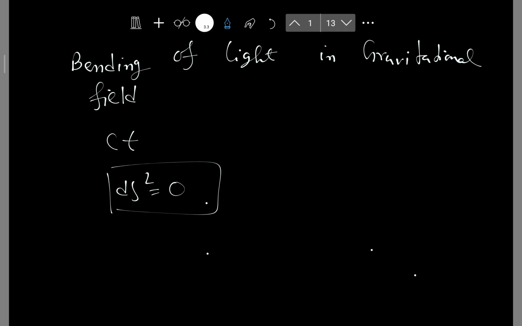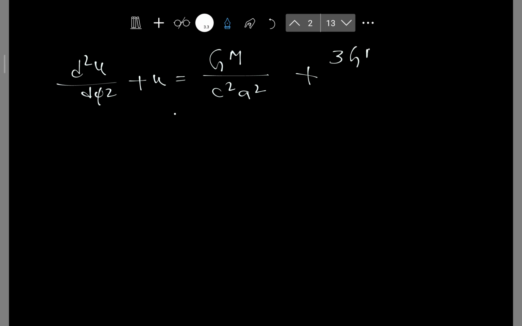So the orbit equation is d square u by d phi square plus u equal to GM by h square plus 3GM by c square u square, where u is 1 by r.